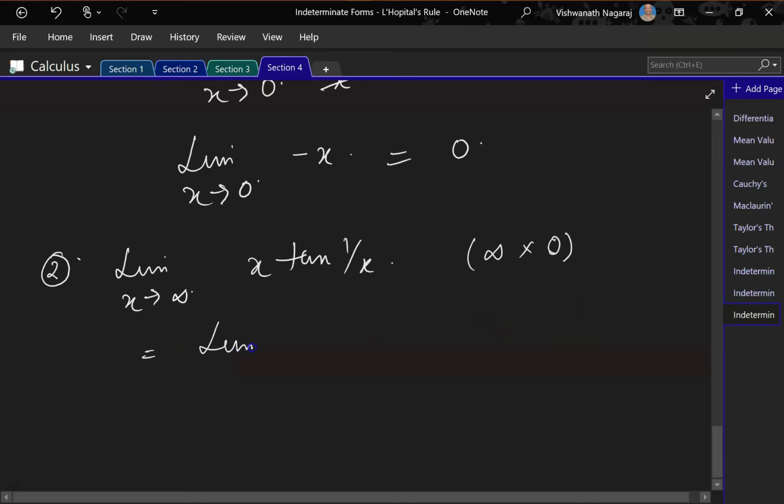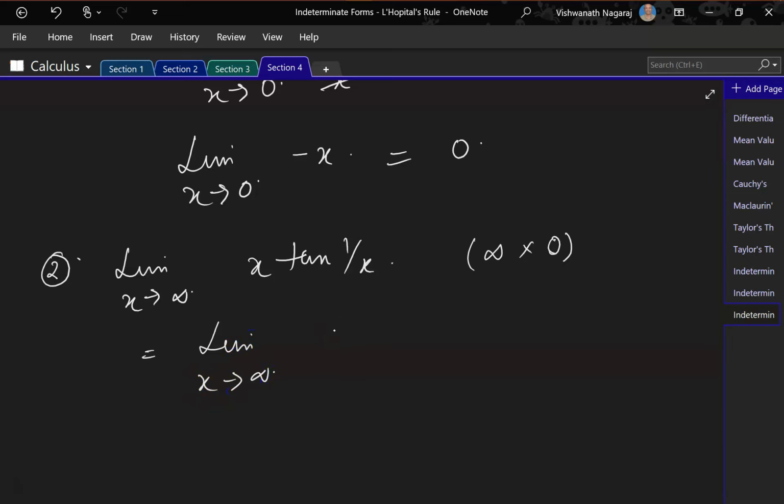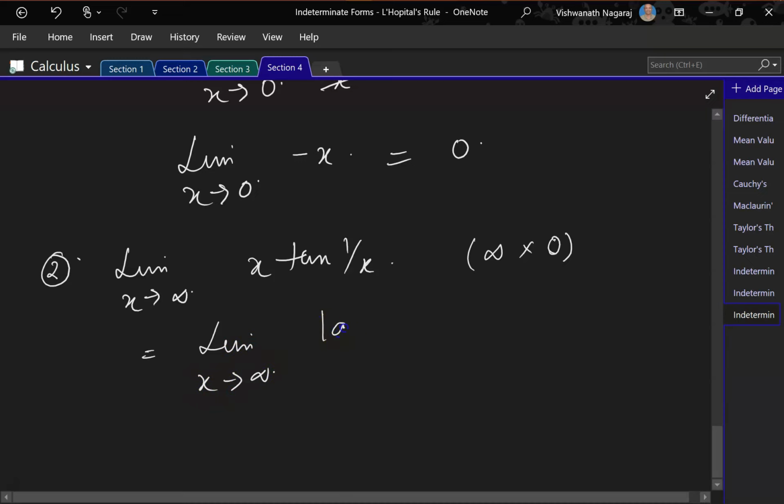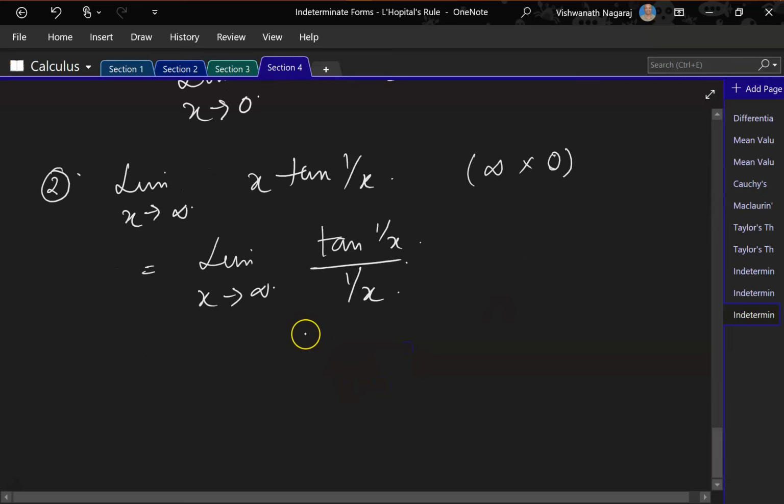We can convert this to tan of 1 by x divided by 1 by x. 1 by x goes to 0, so we take down 1 by x, and we straight off know it is an identity, so this becomes 1. Now, if you don't remember that this is 1, then you might have to take a few additional steps.